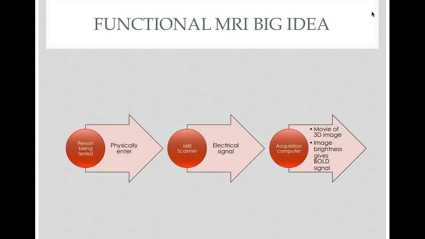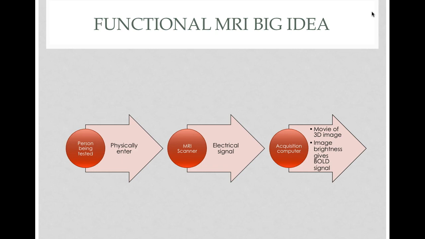This may be getting kind of confusing, kind of wordy, depending on the background knowledge you have, but as a main idea to keep track of what's going on here: an fMRI person still physically enters the scanner, and the MRI scanner scans their brain and outputs electrical signals. This time, it's going to output a bunch of signals acquired in time, so you have a movie of three-dimensional images.